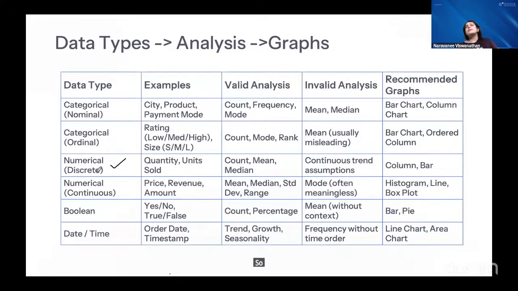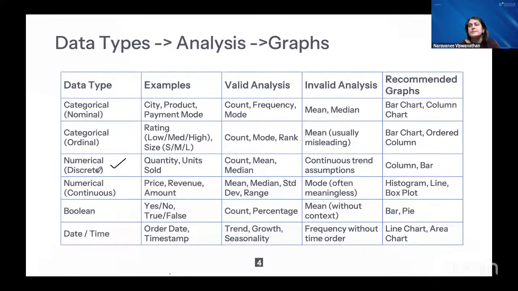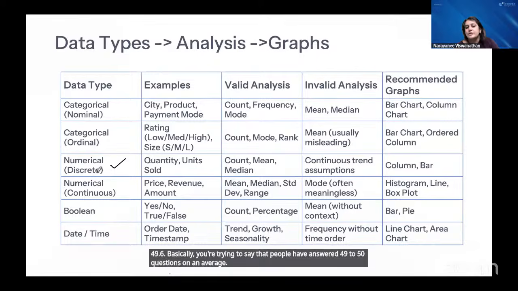Suppose you had 100 questions and you find that on average, you're getting something like 49.6. Basically, you're trying to say that people have answered 49 to 50 questions on average.